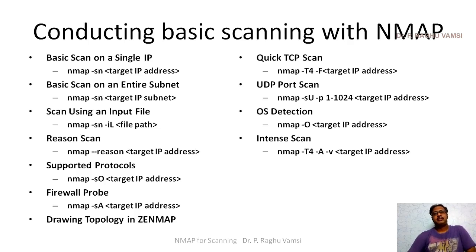Here, I have checked with 192.168.1.4, which is the Windows 7 based operating system. I may use this single IP scan to get the single scanning information. And to scan the entire subnet, because I want to know what the live systems are under a range of IP addresses in a subnet, I may use this basic scan on the entire subnet.